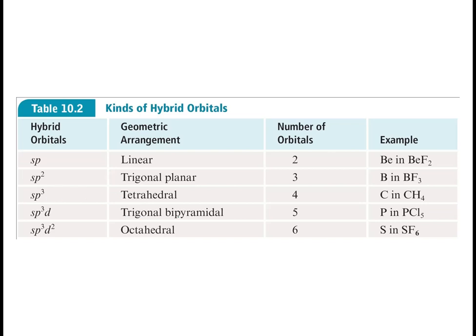The trigonal bipyramid family, which is trigonal bipyramid, seesaw, T-shaped, and linear, is sp3d. And octahedral, which is octahedral, square pyramid, and square planar, are sp3d2. So these are the families here, not the molecular geometries.